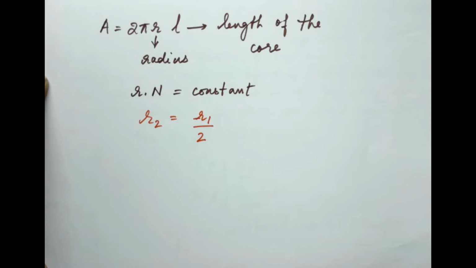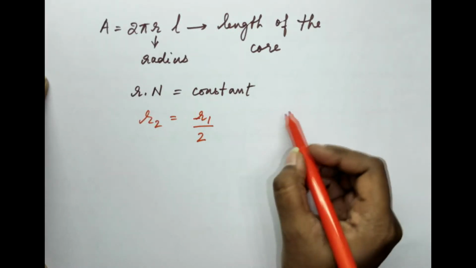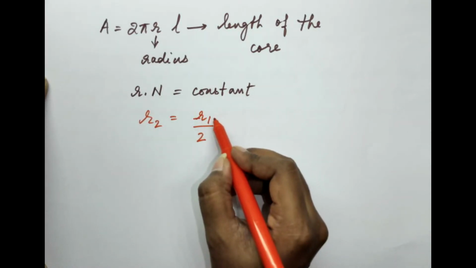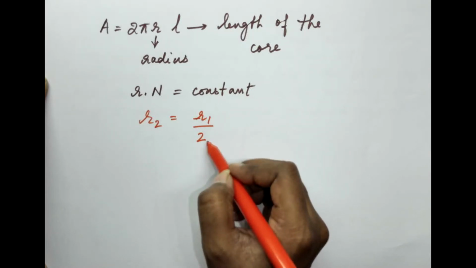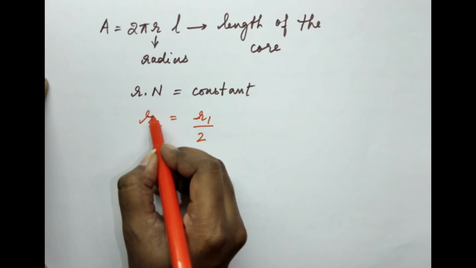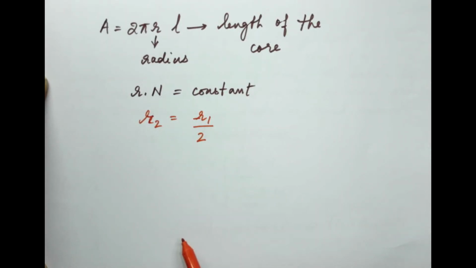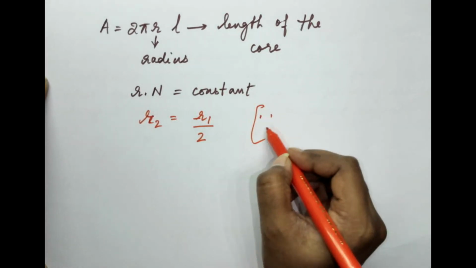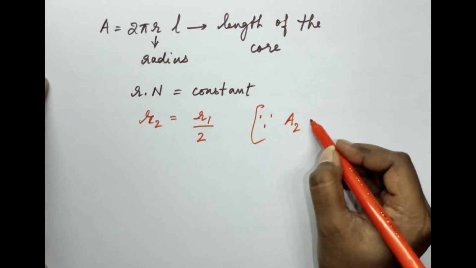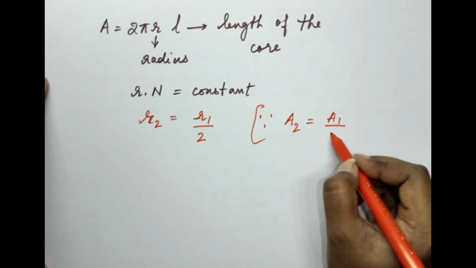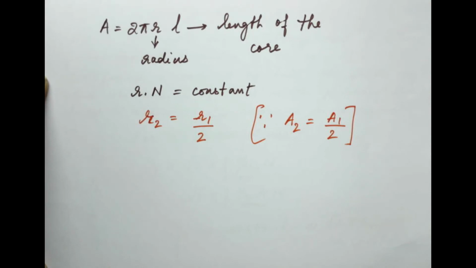That's what's given to us so far. This is the initial radius, which is reduced by half, and the new radius is R2. And this is because the new area is reduced by half as well.